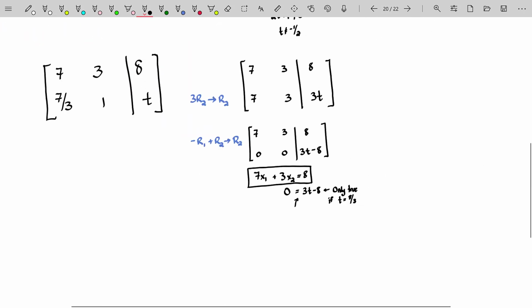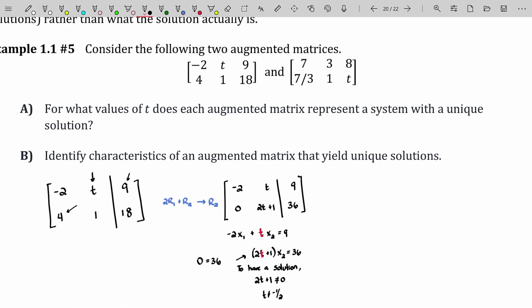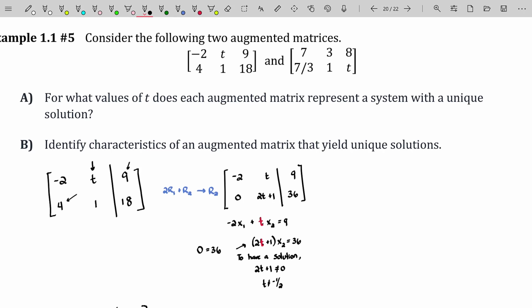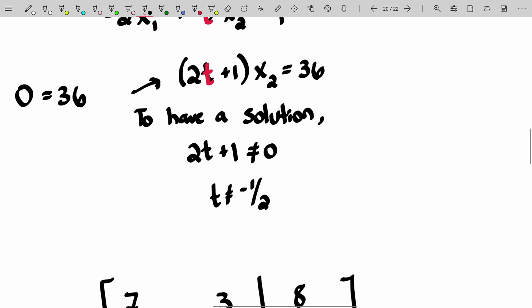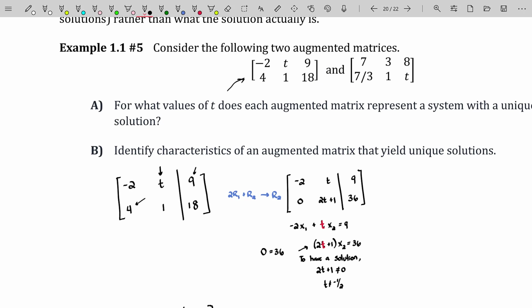That is, to answer the question that we were asked, for what values of t does each augmented matrix represent a system with unique solution? Well, for the first one, we have all values of t will yield a unique solution except for t equals -1/2. And for simplicity, I'm going to call this matrix A sub 1 and this matrix A sub 2, only because the letters A and B and stuff like that are taken in this discussion already.